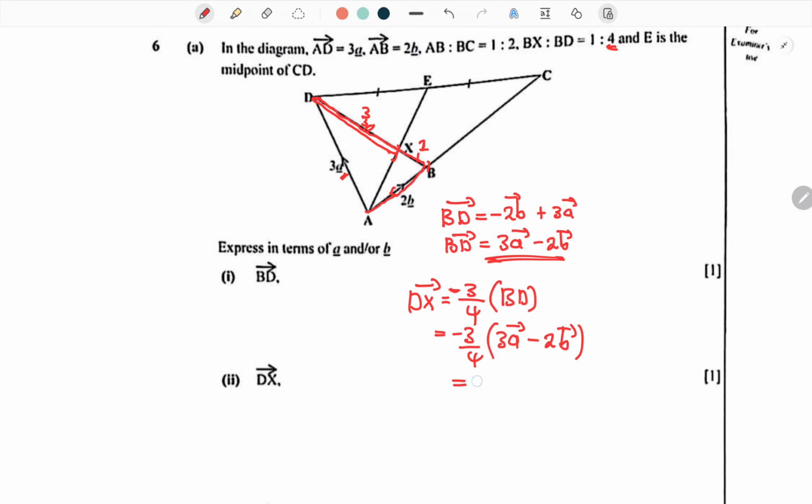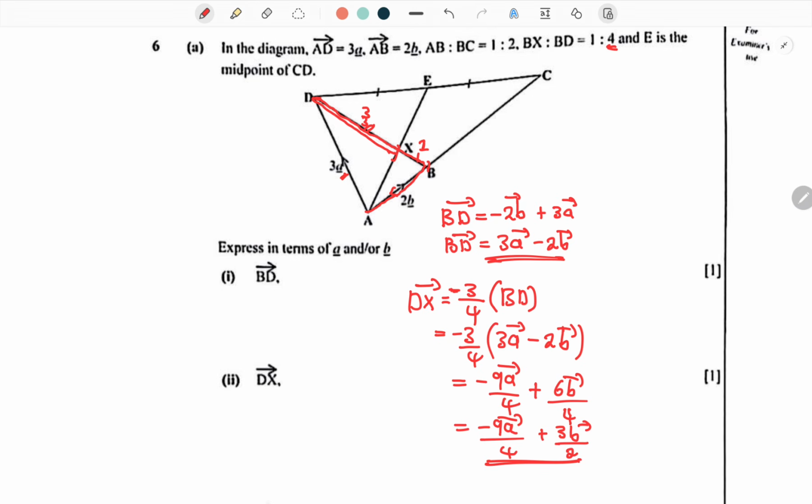So this is going to be negative 9a over 4 minus, then positive 6b vector over 4. It's going to be minus 9a vector over 4 plus 3b vector over 2.